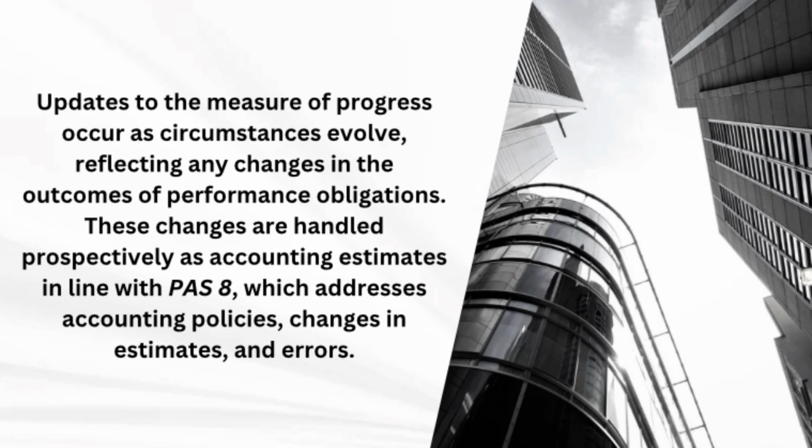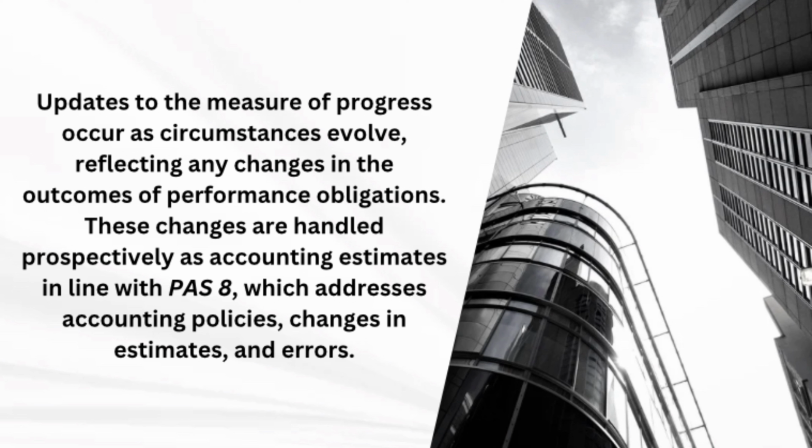Let us now proceed to the changes in the measure of progress. As a construction project progresses and circumstances change, the way we measure how much work has been completed is updated to reflect those changes. If there are adjustments to performance obligations like project requirements or expectations, these updates are made using future estimates following the guidelines in PAS 8.